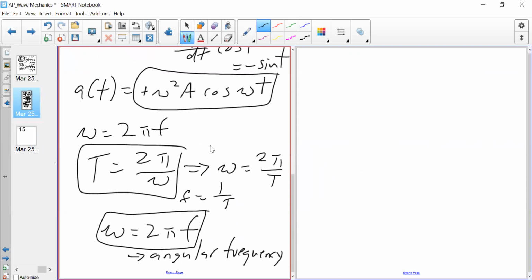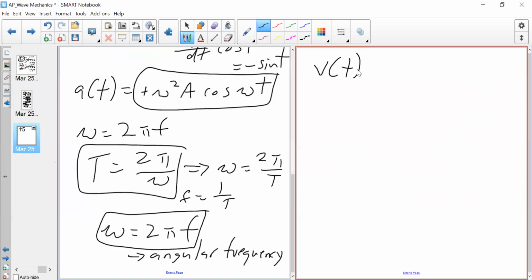And then we are going to draw up our associated velocity and acceleration curves. We already spoke yesterday about how you're going to have a maximum velocity of plus or minus omega A if theta is equal to pi over 2 or 3 pi over 2.